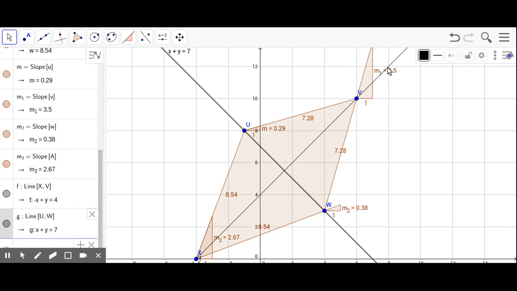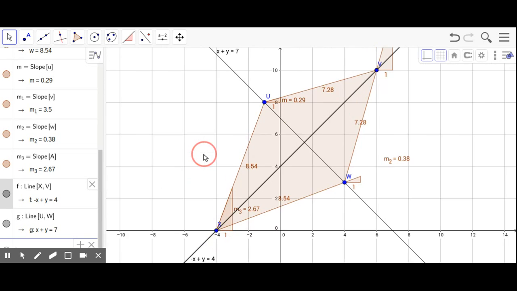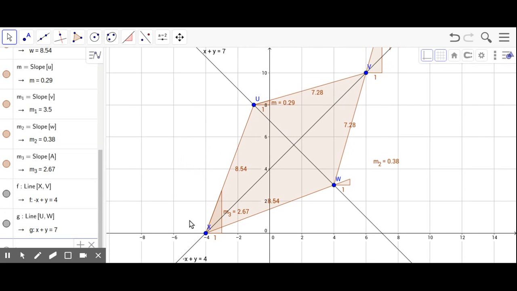And then for the equation of this line, I'm just going to click value, and we've got negative x plus y equals 4, and that's the same as y equals x plus 4 when we move the x over. Awesome, so both of these lines are the same.